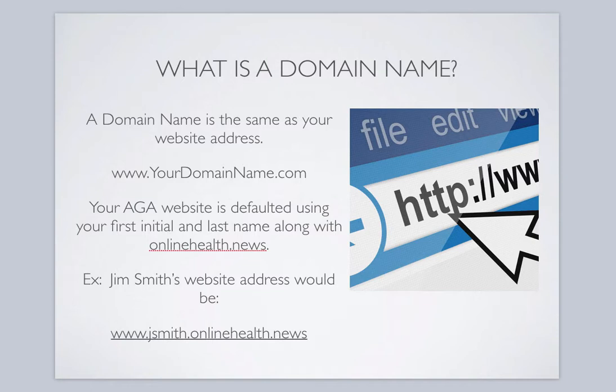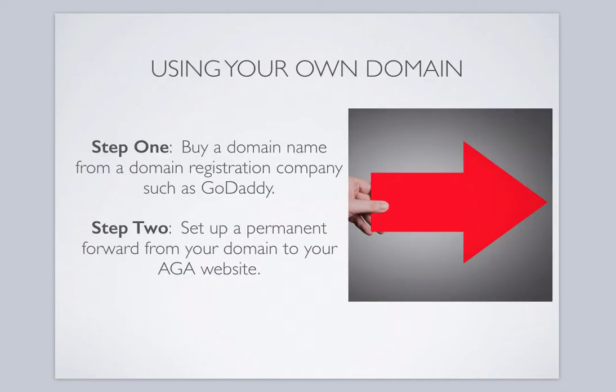So what do you need to do now if you want a custom domain name? It's two steps. First step is you've got to buy a domain name. So you've got to go to a domain registration company. There's a lot of them out there. GoDaddy is one of the most popular ones that people will use. And you simply search and find an available domain name that you like and buy it.